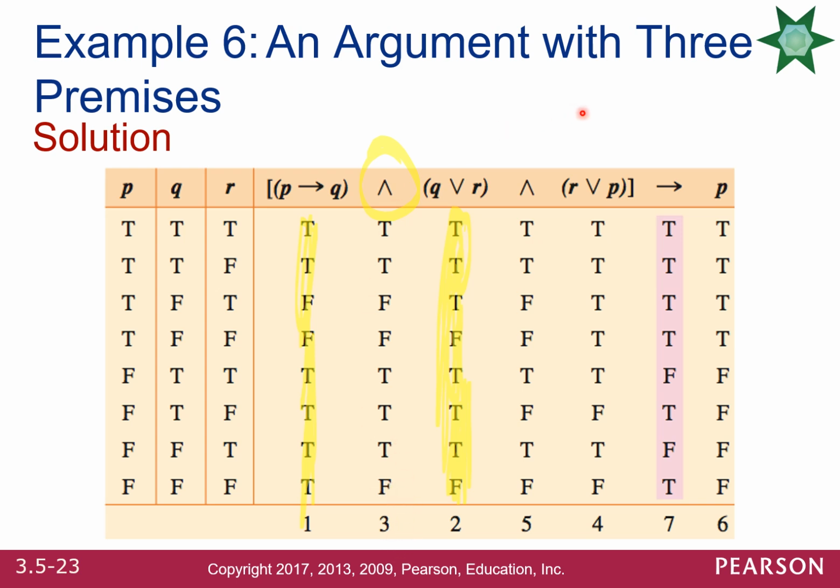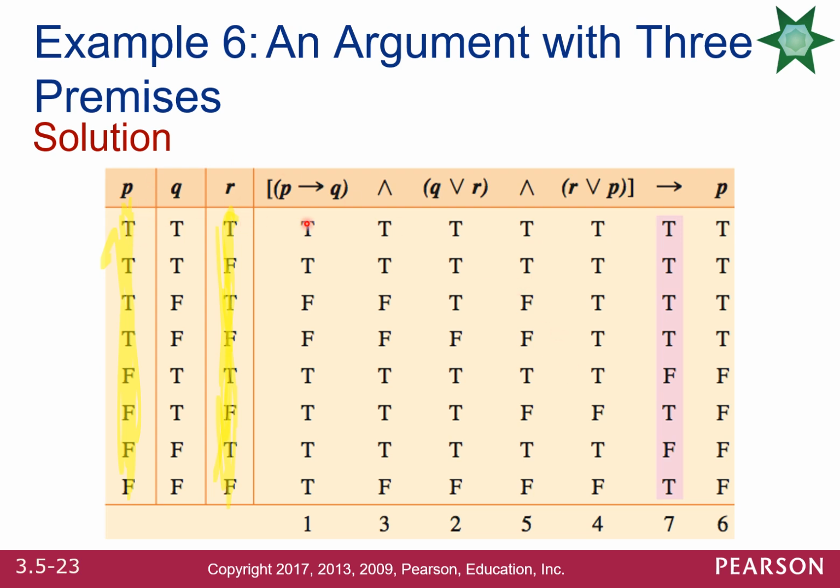Now we are going to go to step 4, which is to evaluate R or P. All right, so let's see which ones we are considering now. R, I'm going to color R, and P. All right, R or P. Because this is an OR, the only time it'll be a false is when both are false, correct?